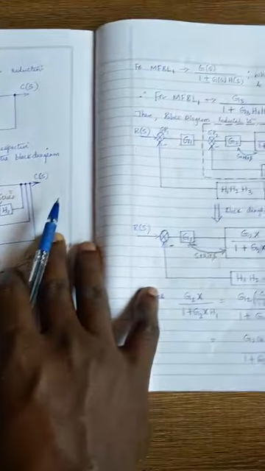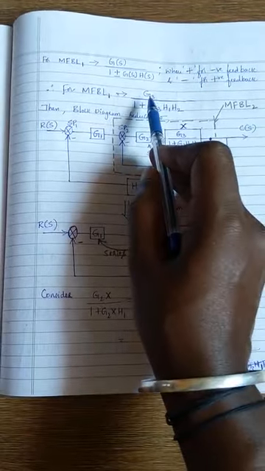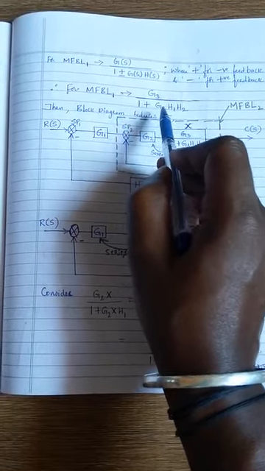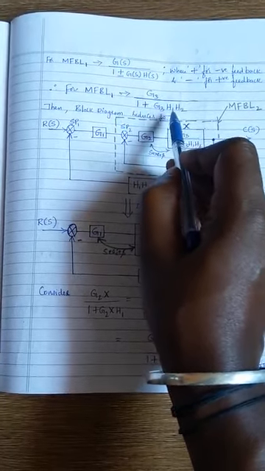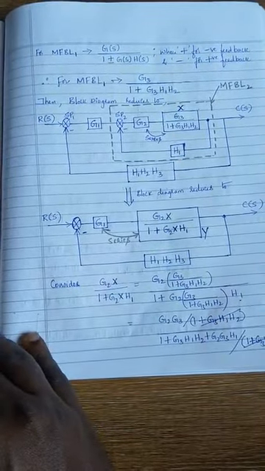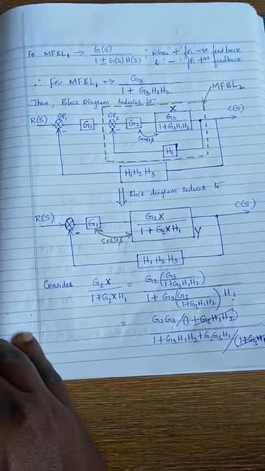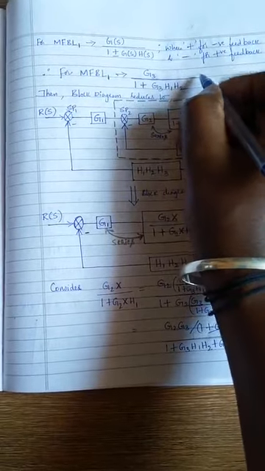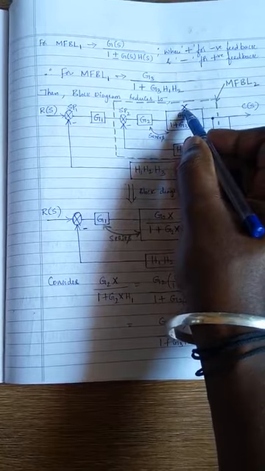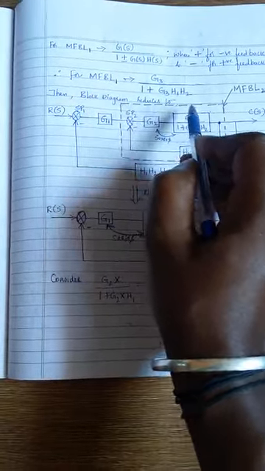So in place of G of s you have G3, so G3 divided by 1 plus G3 into H1 H2, where H1 H2 is H of s. We took the minor feedback loop 1, and I'll be taking it as X. Now finally, after reducing the minor feedback loop, the block diagram reduces too.